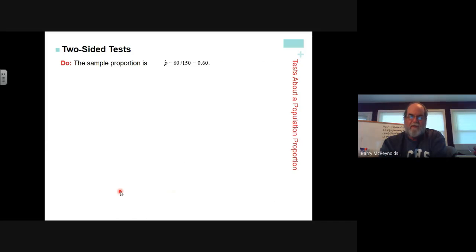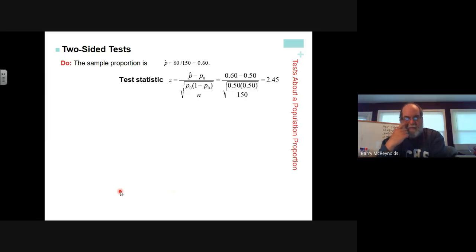And so the first thing we need to do is calculate the p-hat from his particular sample, which is 0.6, and we'll calculate the z-score or the test statistic. Again, pay close attention to the values that you plug in here. P-hat is what he calculates. P-naught is the proportion that we use in the null hypothesis.